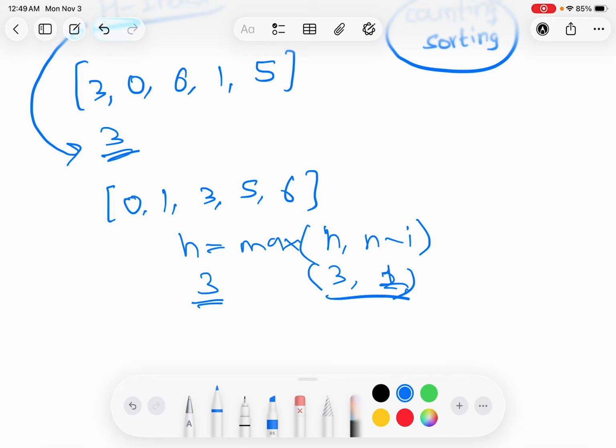Now, why exactly are we comparing this value with n minus i?